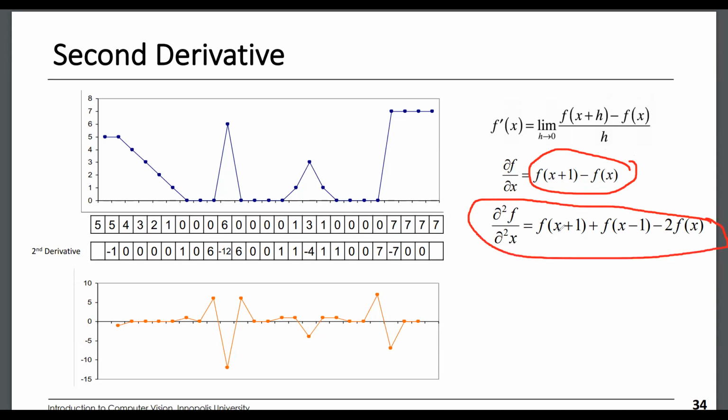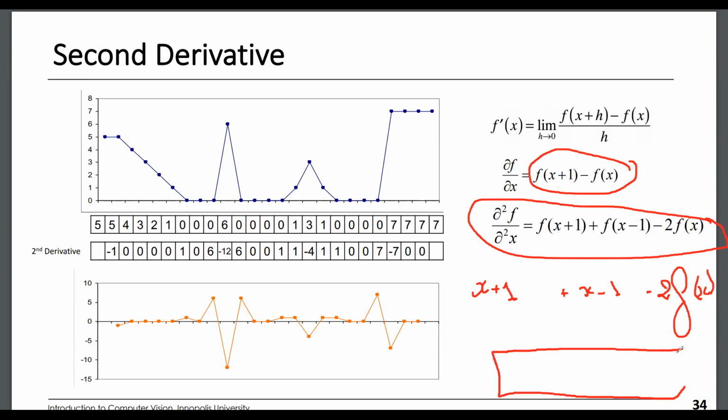Here you will get the second form of your derivative, which is f of x plus 1 plus f of x minus 1 minus 2 times f of x, right? So this can be looked at as, again, a linear combination of the values of your pixels. Should it be h instead of 1?